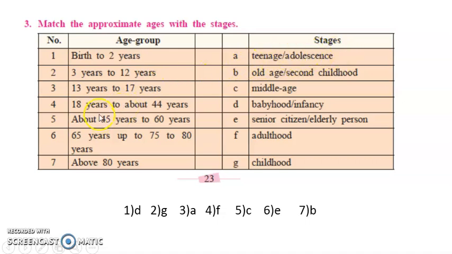Some of you. And 18 years to about 44 years. Yes, it is adulthood. Some of your parents may be in this age. Then we have about 45 years to 60 years. That comes middle age. And then we have 65 years up to 75 to 80 years. That is senior citizen or elderly person. And the last age above 80 years. What is that now? Yes, it's old age. Second childhood.